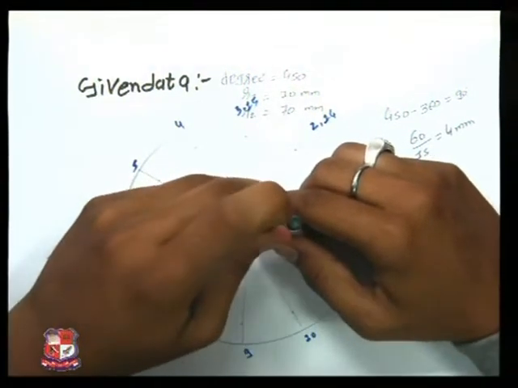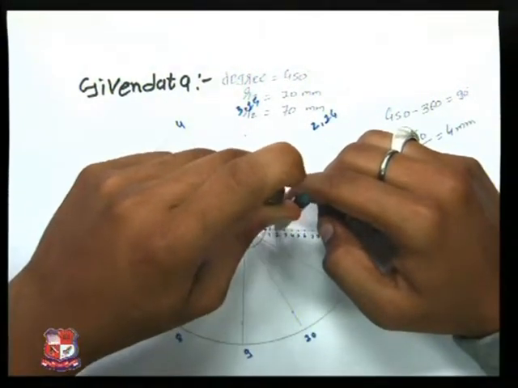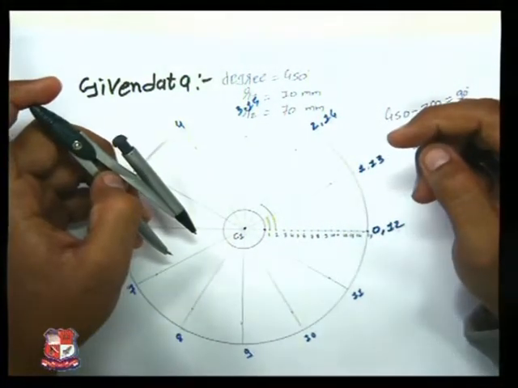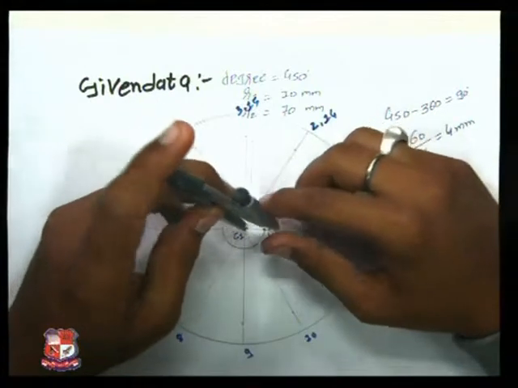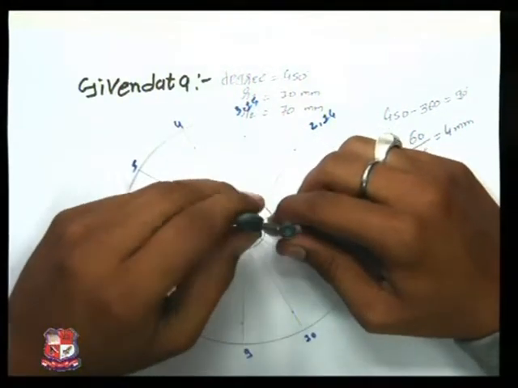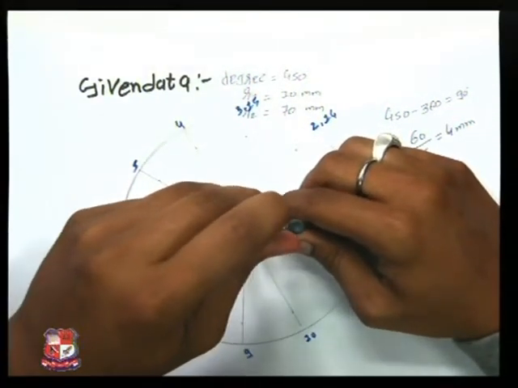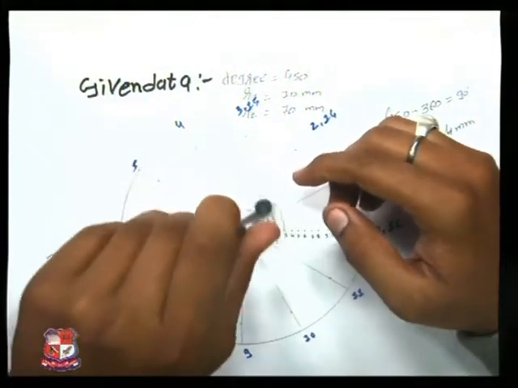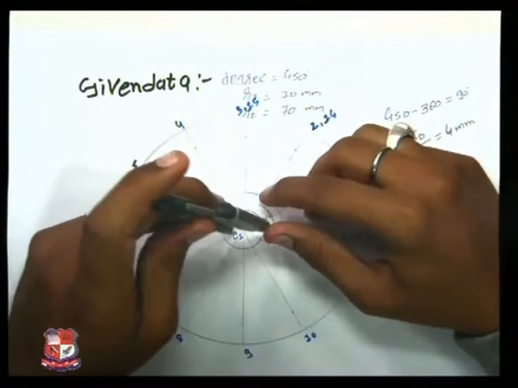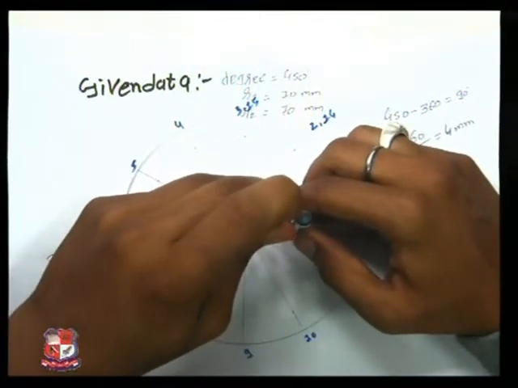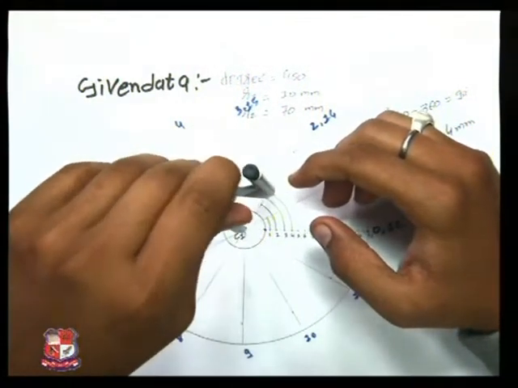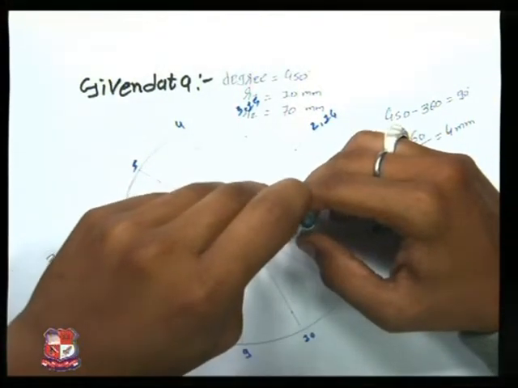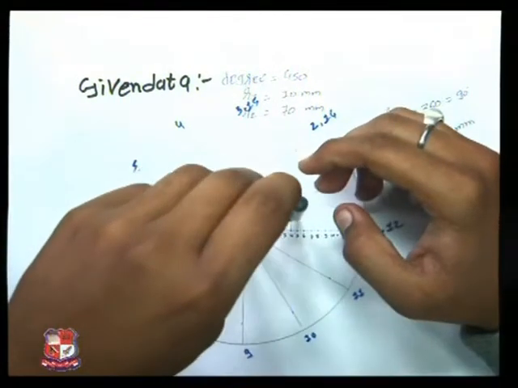C1 to 2, draw a continuous arc till point 2. C1 to 3, draw a continuous arc till point number 3 and so on till point number 12. Later on I will show you how you can proceed to point number 13.